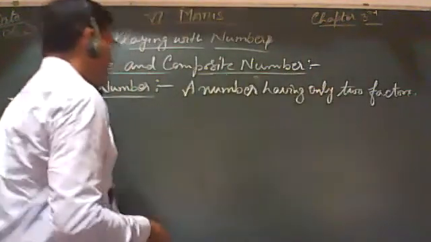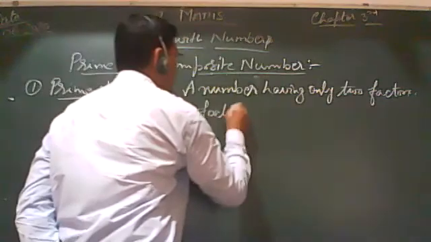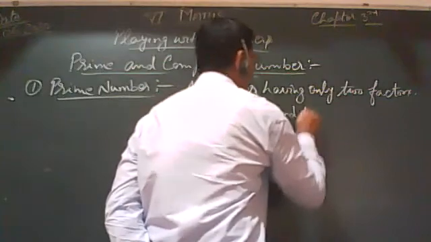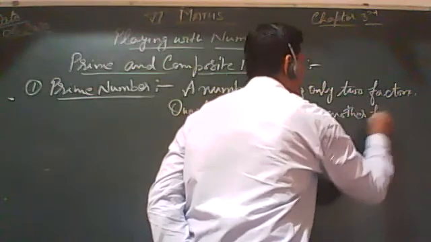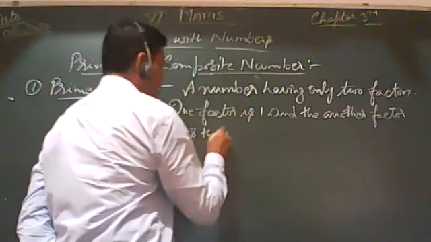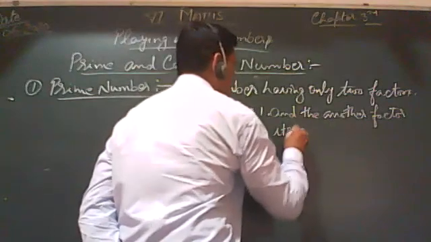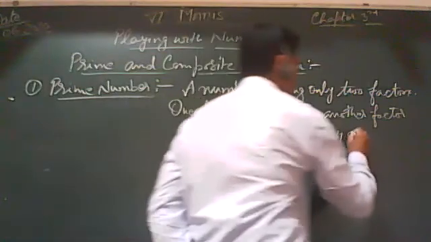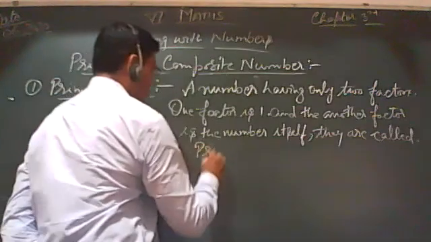One factor is 1, and the other factor is the number itself, and they are called prime numbers.